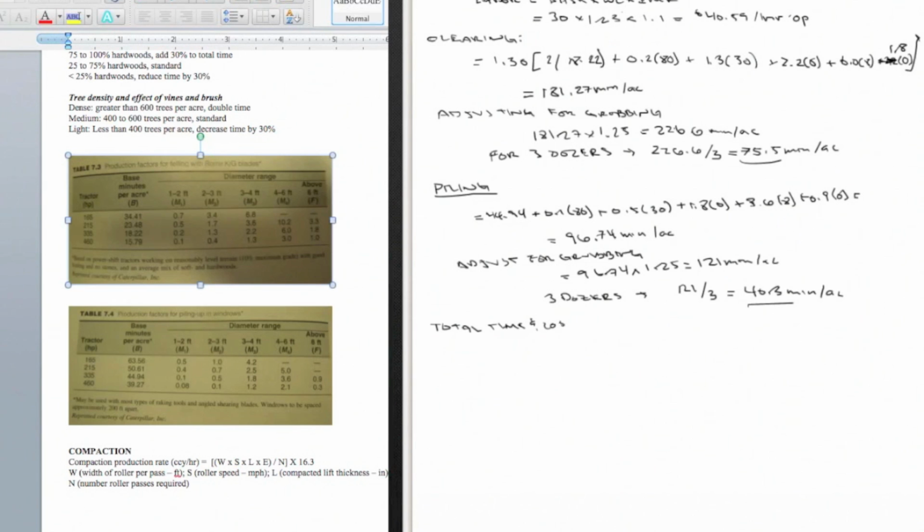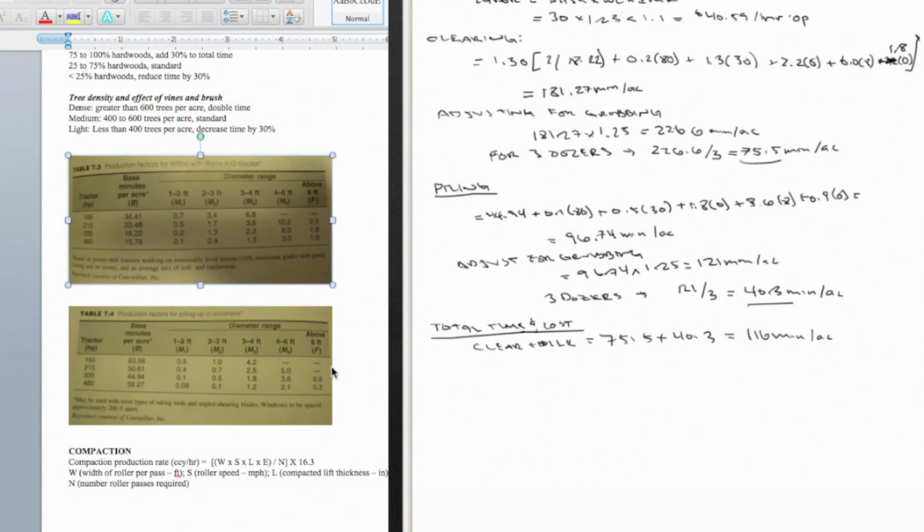We have the clear plus the pile, which equals 75.5 plus 40.3, giving us 116 minutes per acre.